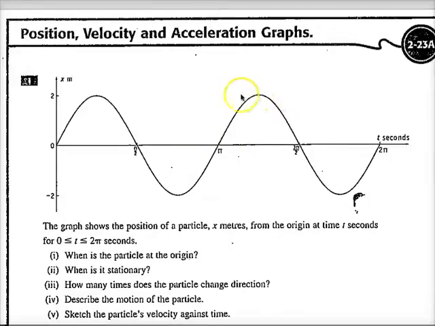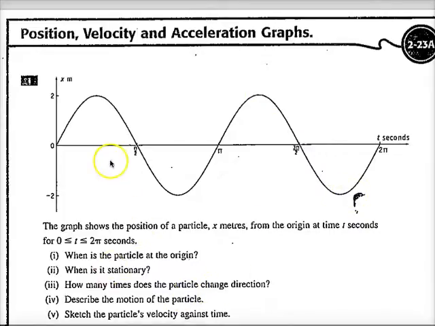It's also stationary halfway between 1 and 1.5 pi, which is 5 pi on 4 seconds, and halfway between 1.5 and 2 pi, which is 1 3/4, which is 7 pi on 4. So it's pi on 4, 3 pi on 4, 5 pi on 4, 7 pi on 4 seconds. And that's got to do with the gradient of the tangent to the displacement curve being 0.